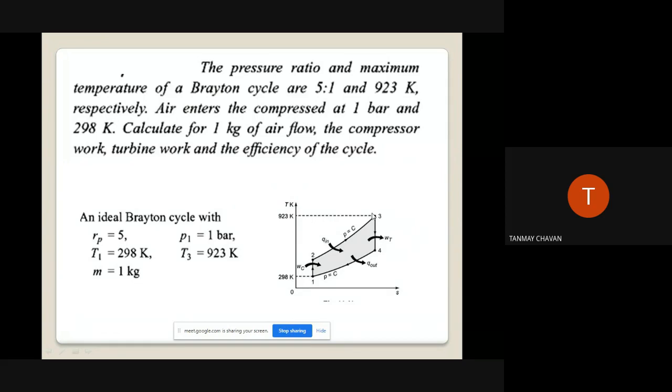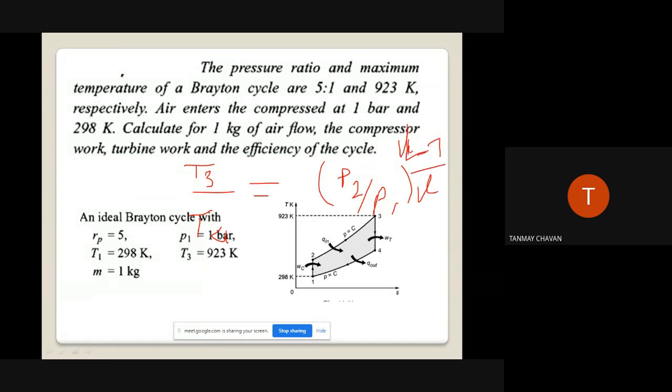We know the ratio P2 by P1, so once again we can write T3 by T4 is equal to P2 by P1 raised to gamma minus 1 upon gamma.